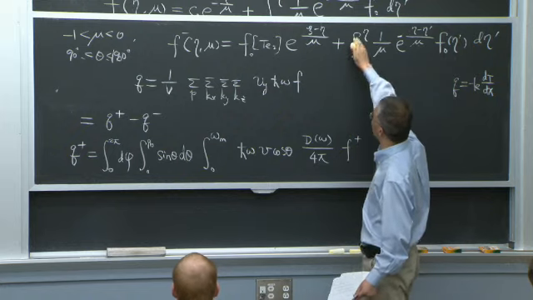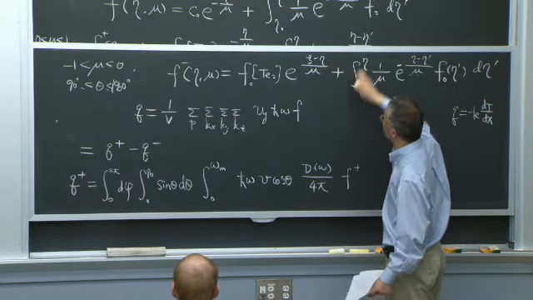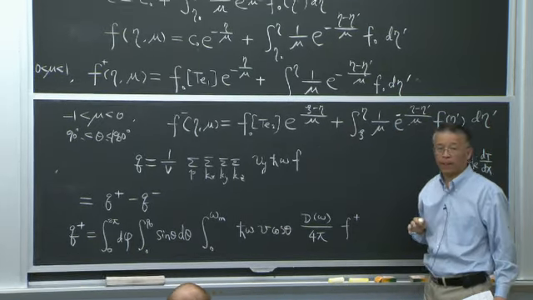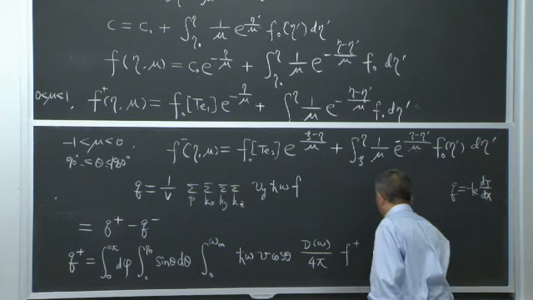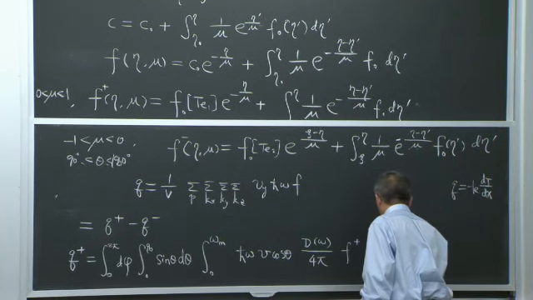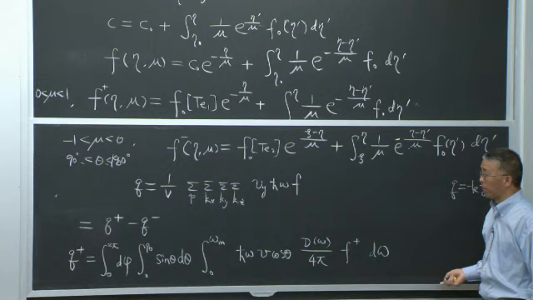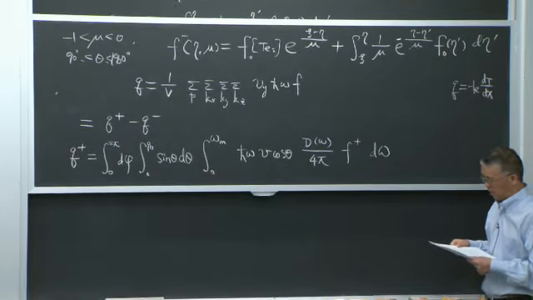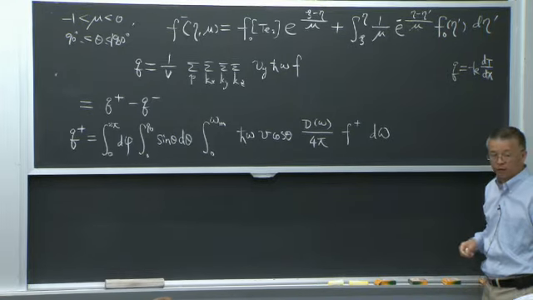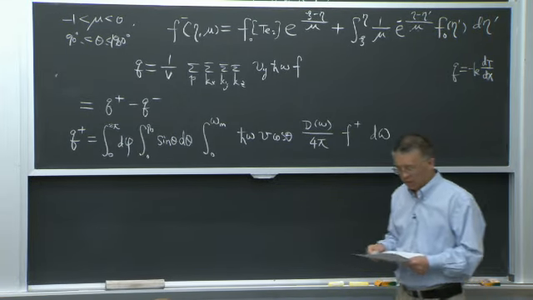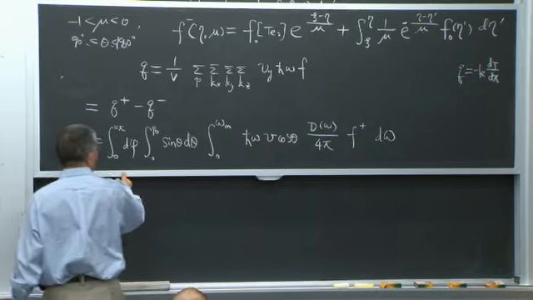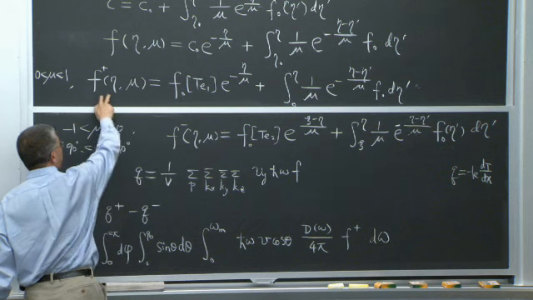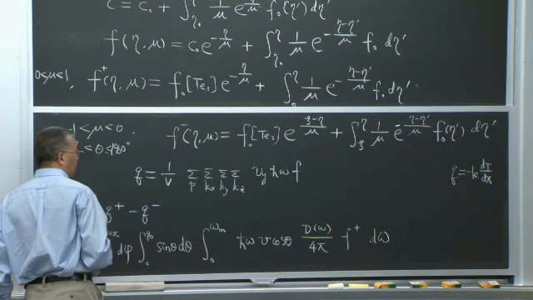That's the solution I had there. Here, F plus is a function of both mu and eta, and then integrate over frequency. Okay, so that's the flux here, right?